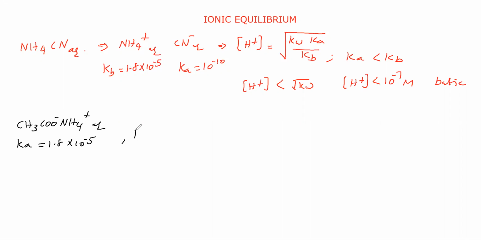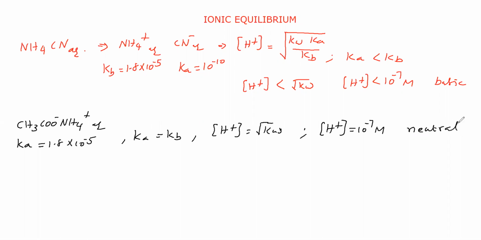So in this case, Ka is equal to Kb. Therefore, concentration of H+ is equal to square root of Kw. Therefore, concentration of H+ is equal to 10 power minus 7 molar at 25 degrees Celsius. Therefore, the resultant solution is neutral.